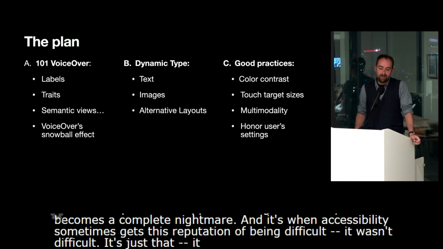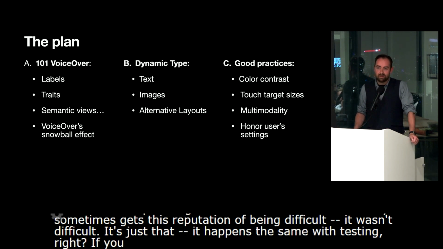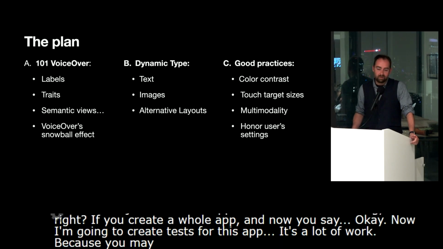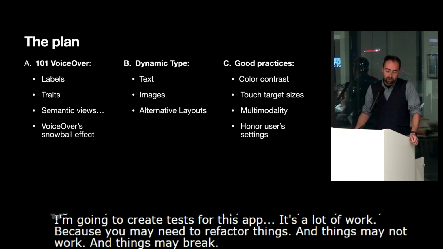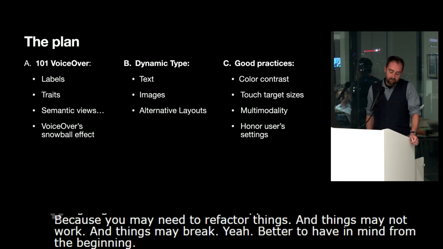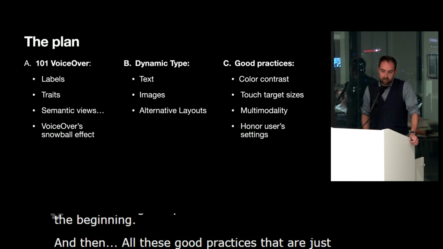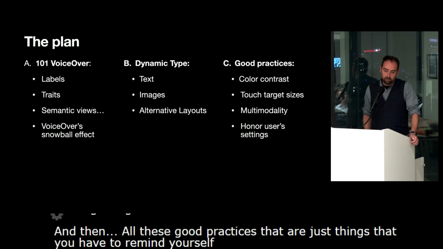If you create a whole app and now you say, okay, now I'm going to create tests for this app, it's a lot of work, because you may need to refactor things, and things may break. It's better to have it in mind from the beginning. These are good practices that you have to remind yourself constantly, and keep in mind when you are implementing something new as well.